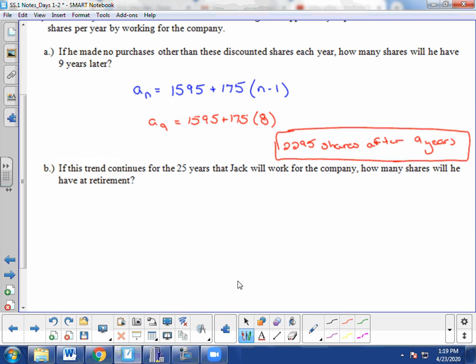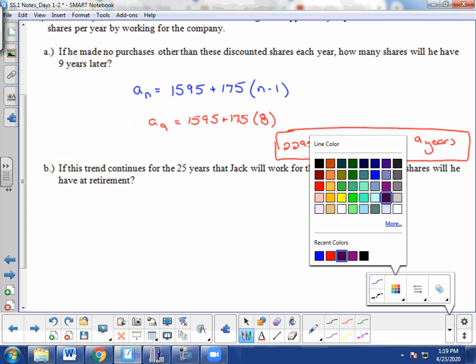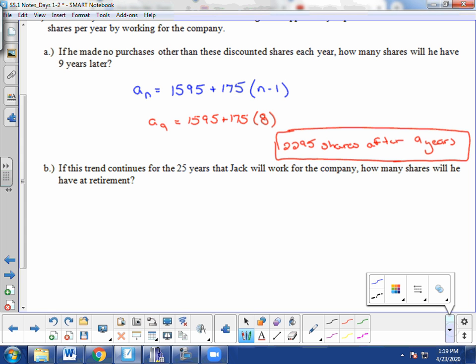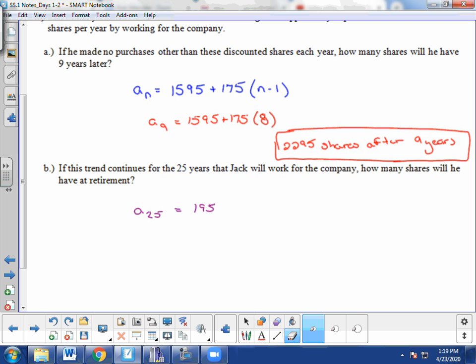If the trend continues for 25 years, how many shares will he have? Now we can use this sequence general term expression. A sub 25 equals 1595 plus 175 times 25 minus 1, which would be 24.